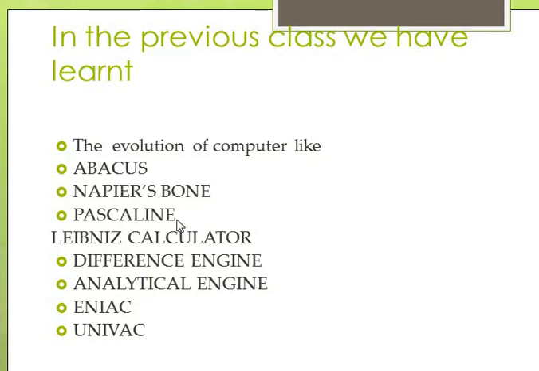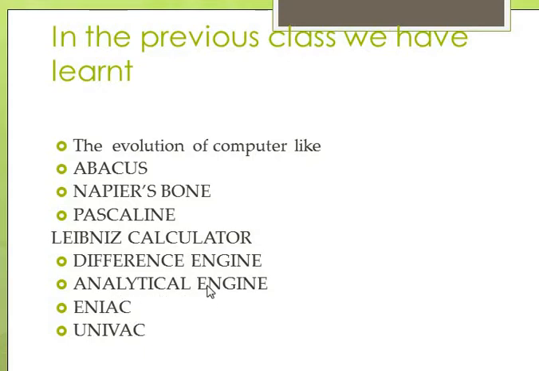Pascaline, the first mechanical calculator. Difference engine, invented by Charles Babbage, the father of modern computing. Next, analytical engine, the first general purpose computer. And ENIAC, the first general purpose electronic computer.